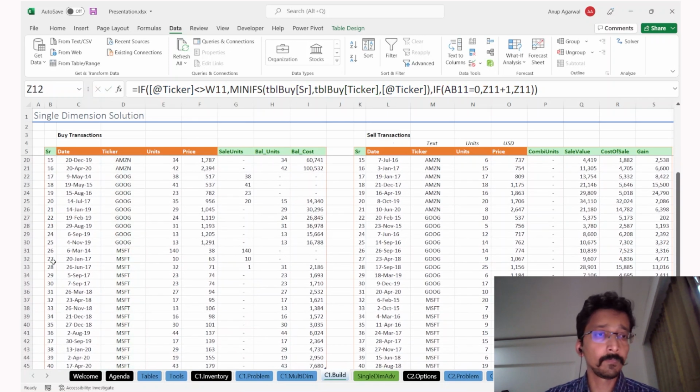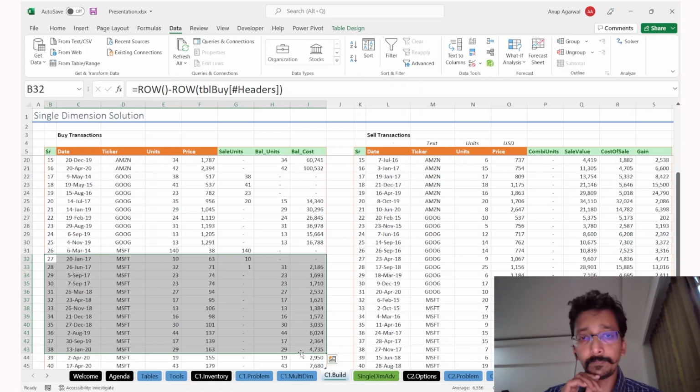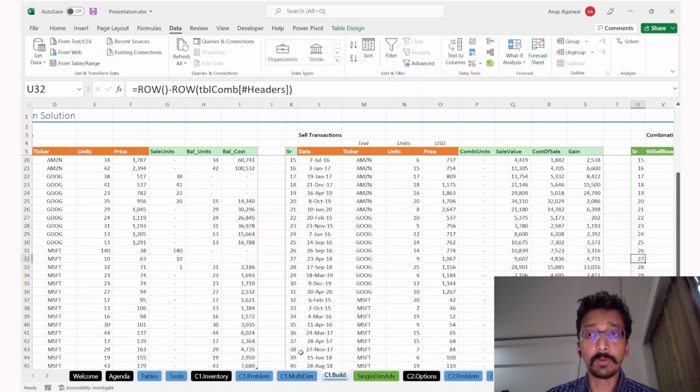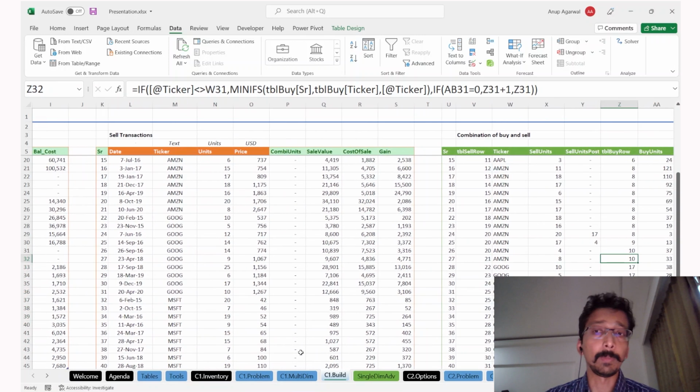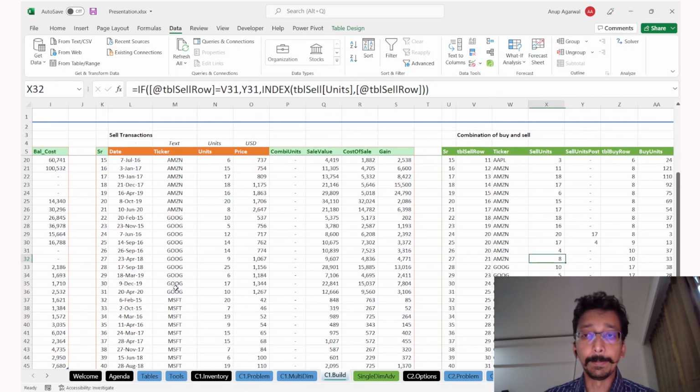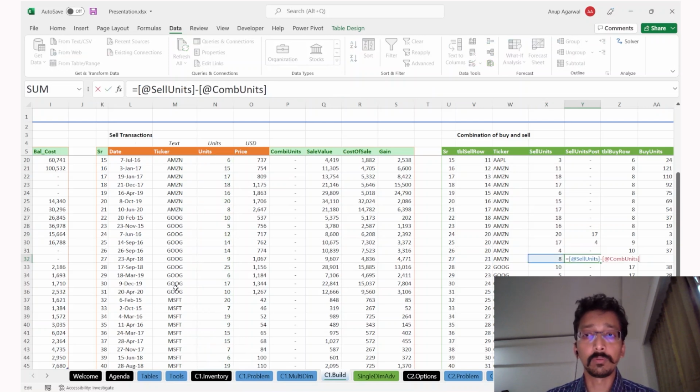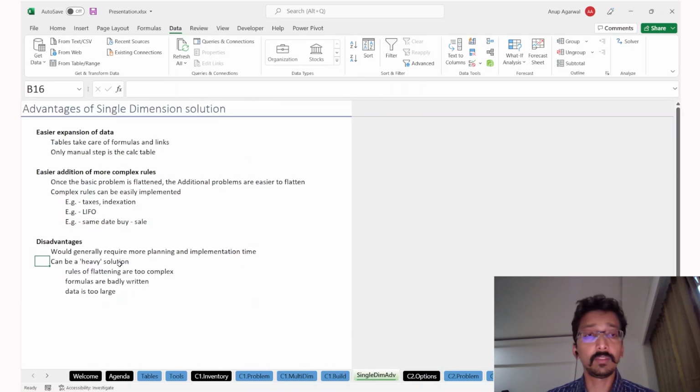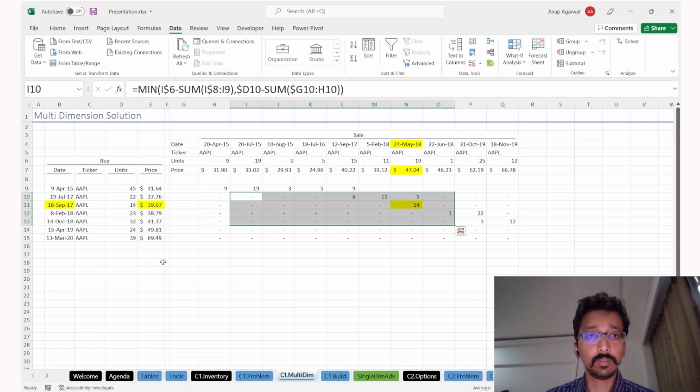So if you had, let's say, 50,000 transactions of buy and sell, then this formula would need to look at 50,000 rows to come up with a solution. So if this was badly written, a lot more of these formulas would refer to very, very large ranges and large data, and that can make this a very heavy solution. Apart from that, I think this solution would generally be lighter than this solution.